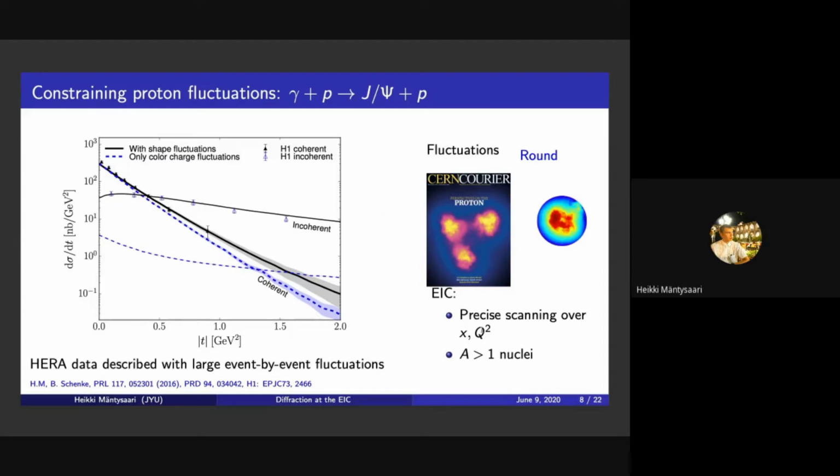And of course, something that HERA couldn't do is to look at nuclei with A larger than 1, because there is very little or no high energy data available except for proton targets in electron-ion collisions at this point.